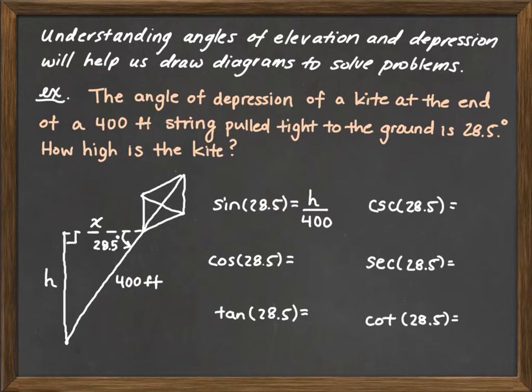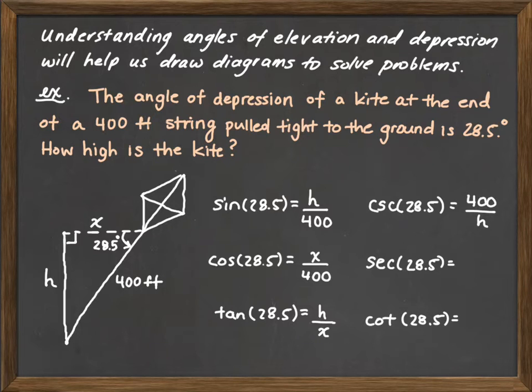Cosine is adjacent over hypotenuse, so that's going to give us x over 400. Tangent is opposite over adjacent, so that's going to give us h over x. Now cosecant is the opposite of sine, so if sine is opposite over hypotenuse, cosecant is hypotenuse over the opposite, so we get 400 over h.